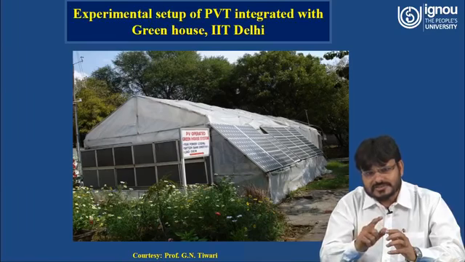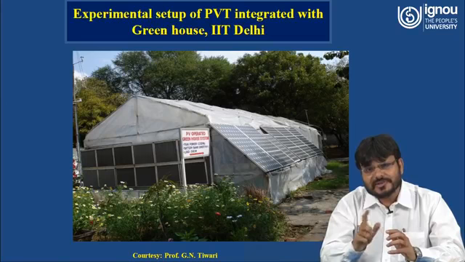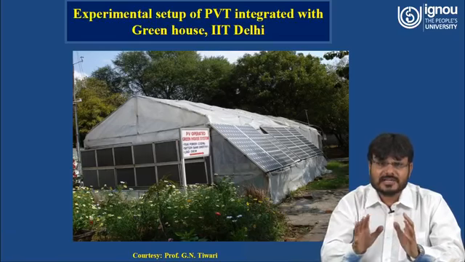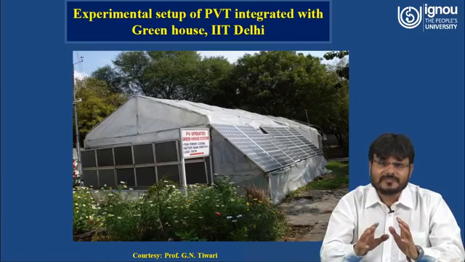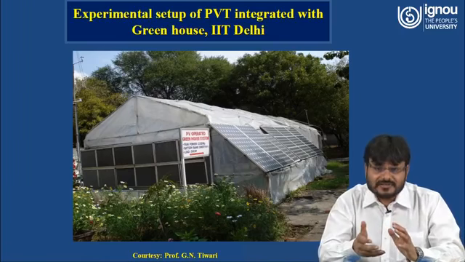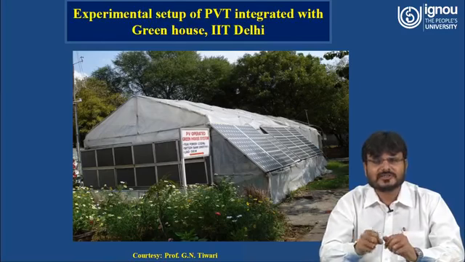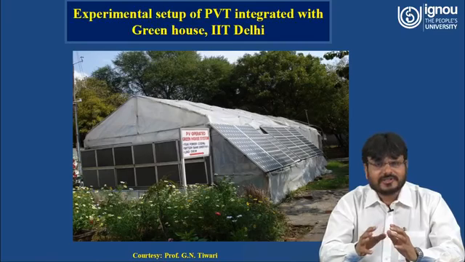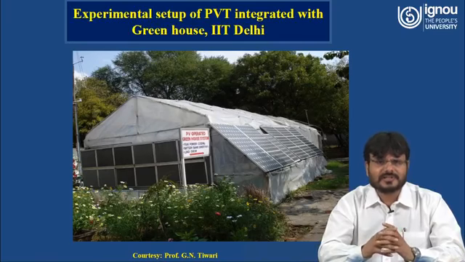So the desert cooler can be operated with the help of these PV modules. That means in this type of PVT integrated greenhouse, you can increase the temperature and at the same time you can decrease the temperature. That means controlling is in your hand. So whatever type of crop you want to cultivate, it can be done in such a greenhouse.